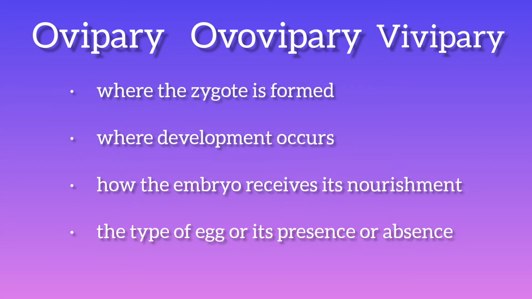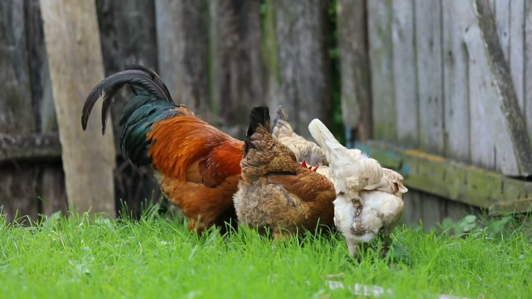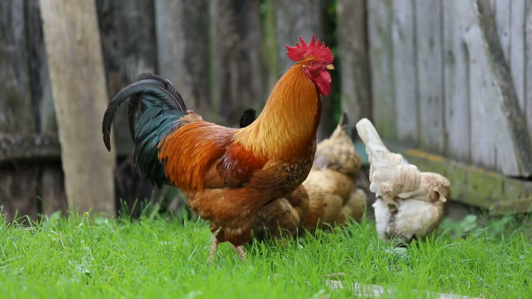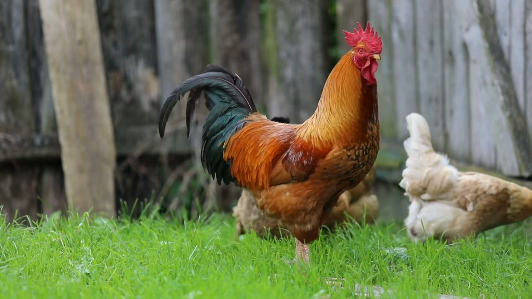Oviparity, ovoviviparity, and viviparity are reproduction strategies that differ with respect to where the zygote is formed, where the development occurs, how the embryo receives its nutrition, as well as the type of egg, or if the presence of an egg is there at all. Oviparity is a reproduction strategy where the animal lays its egg and the embryo develops outside of the mother's body.